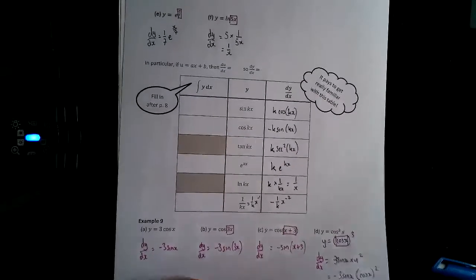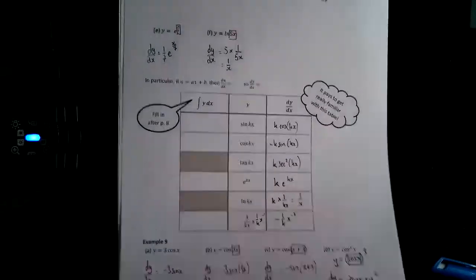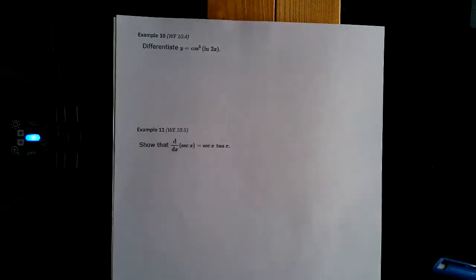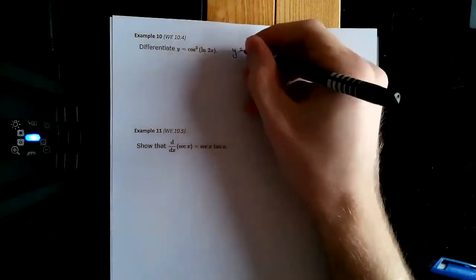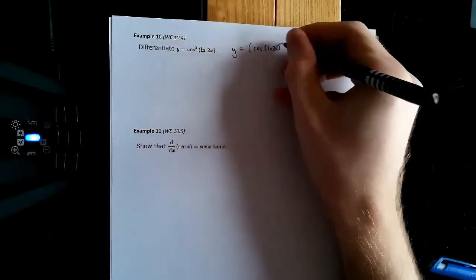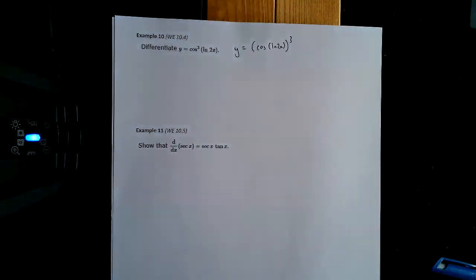Okay, I'll do the next one because it's similar using the u method. Okay, so next one, cos cubed ln 2x. So first thing is to rewrite that as cos ln 2x cubed. Well, this one, it's a chain within a chain.